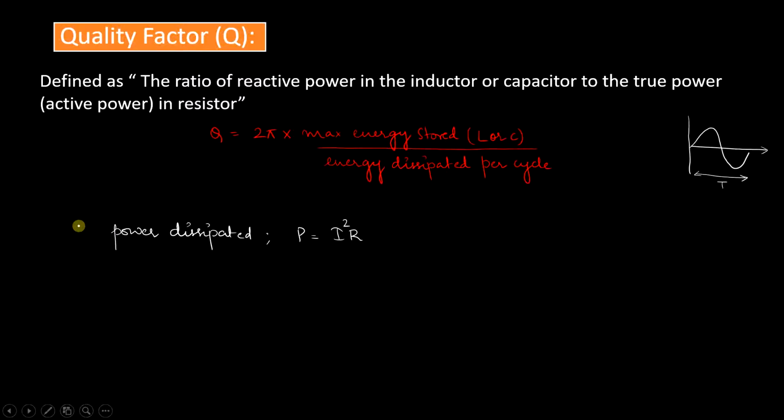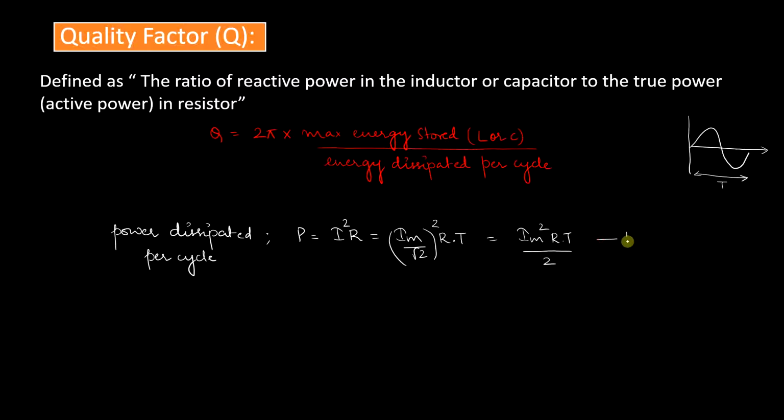So this expression becomes Im by root 2 the whole square into R. Now I want the energy dissipated per cycle, so it will also include the parameter T. So energy dissipated per cycle is equal to Im by root 2 the whole square into R into T, or I can write this as Im square RT divided by 2. Let me name this as equation number 1.